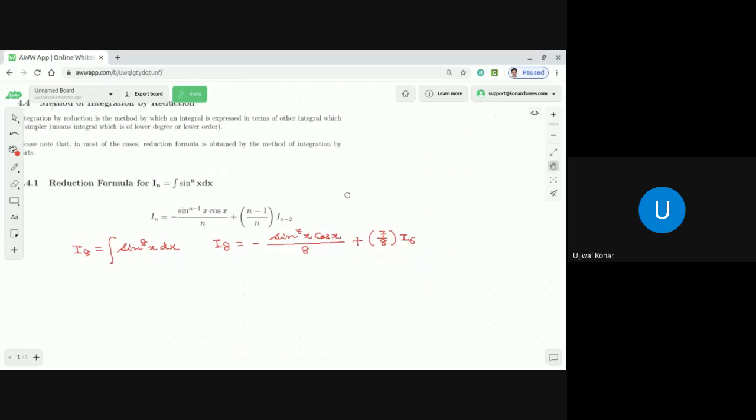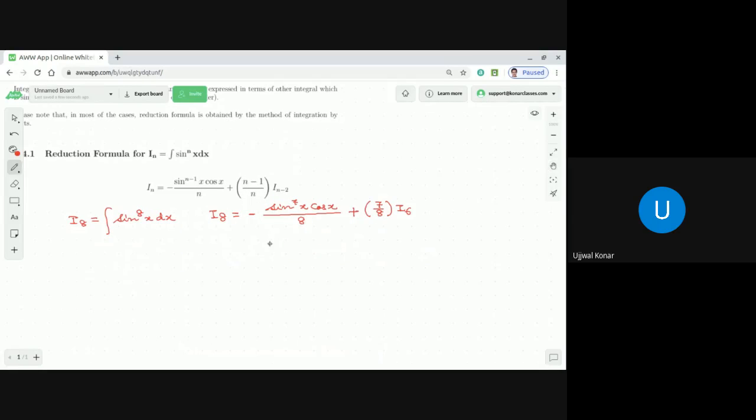So this is equal to minus sine to the power 7x into cos x divided by 8, plus 7 by 8. Then I am going to find the value of I6 using the same reduction formula.